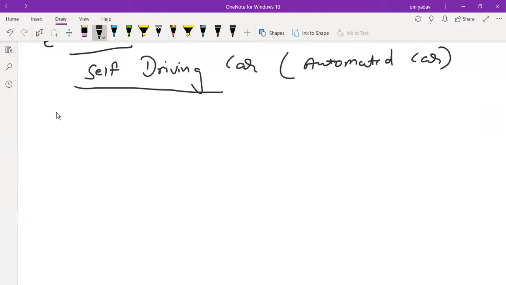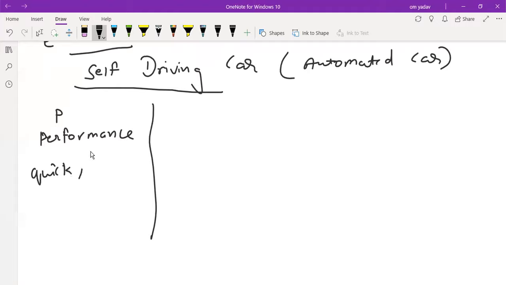So let's see first P, that is performance. What different performance do you want to see in the car? The car should be quick. Then the other thing is it should provide me safety.